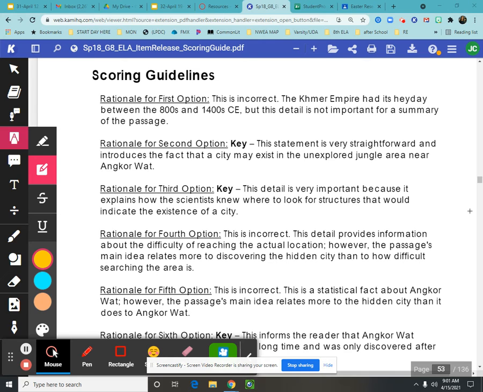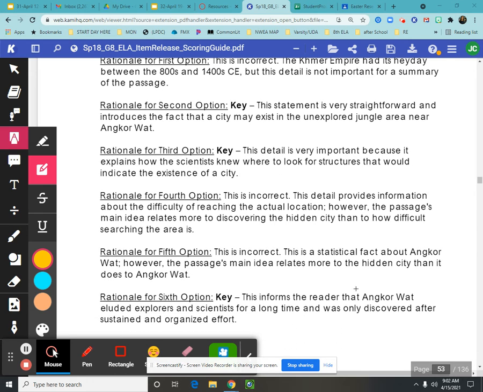So 2 is correct, because this statement is very straightforward and introduces the fact that the city may exist in the unexplored jungle area near Angkor Wat. 3 is correct because this detail is very important because it explains how the scientists knew where to look for structures that would indicate the existence of a city. And the 6th one is correct because this informs the reader that Angkor Wat eluded explorers and scientists for a long time and was discovered after sustained and organized effort.